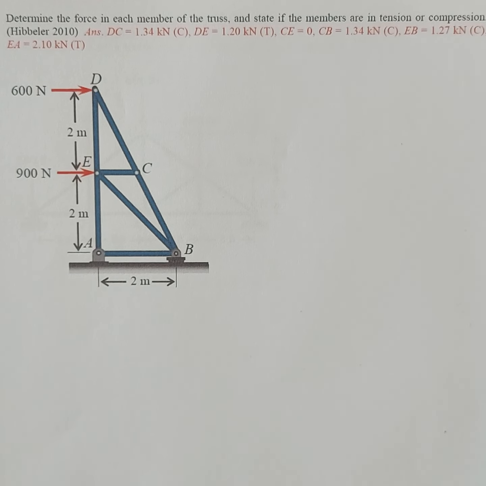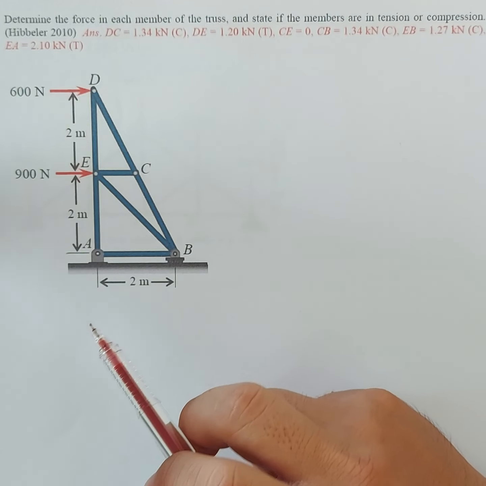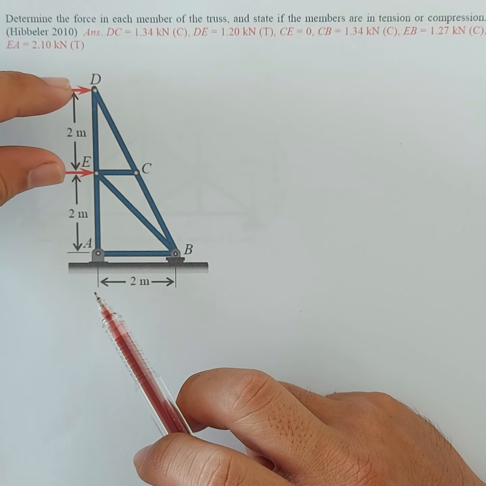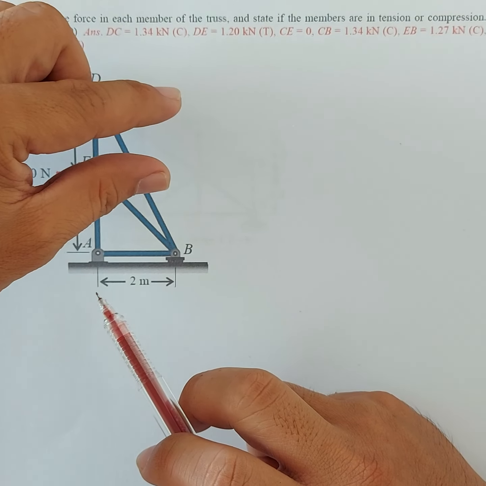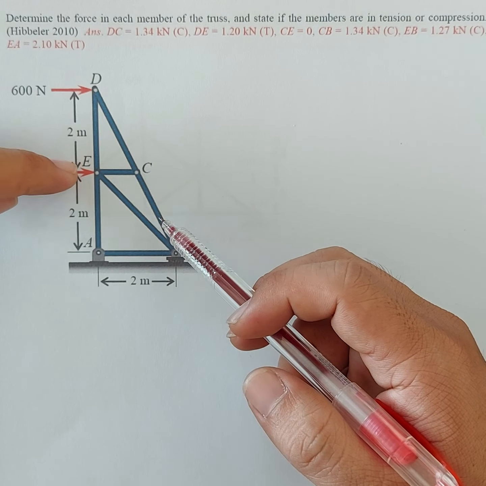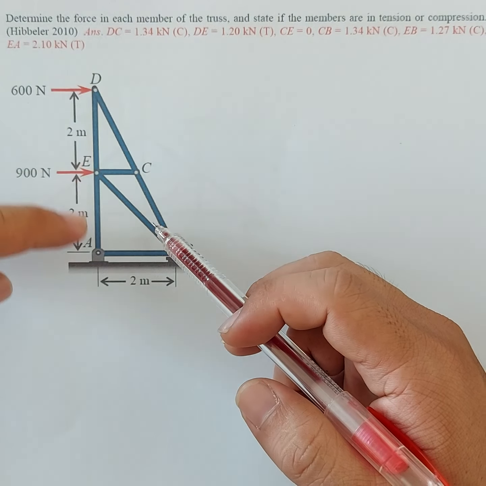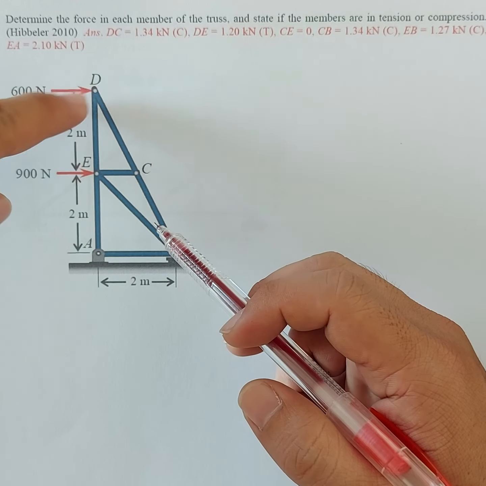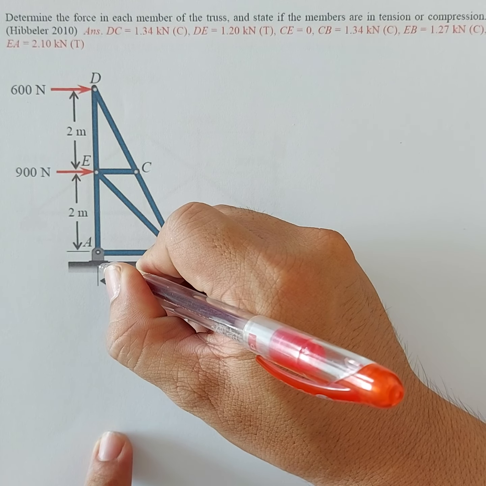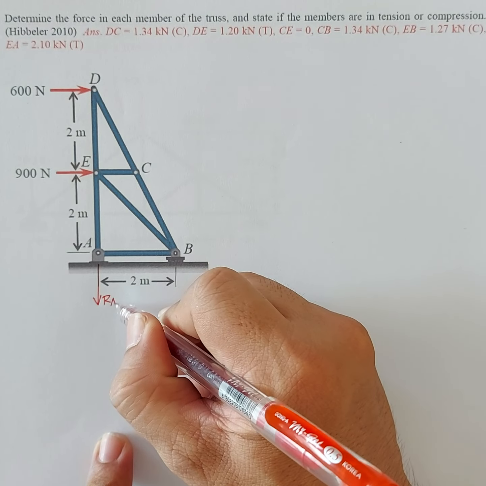If you try to analyze this truss, these two forces would tend to rotate or push the truss this way, which means that members AE and ED are obviously stretched, and the vertical reaction there is downward. So let's say this is R_Ay.